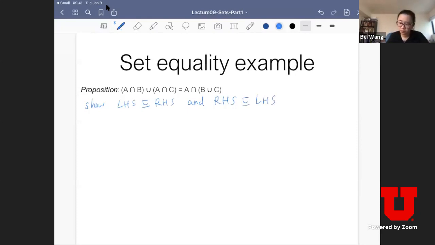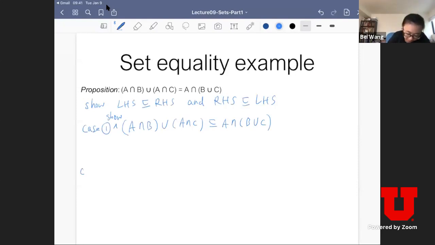Okay? So what is the case? Case number one is going to be the left-hand side. You want to show the left-hand side is a subset of the right-hand side. Okay.